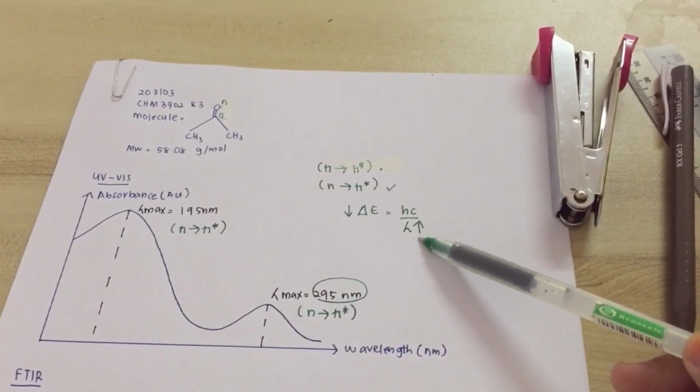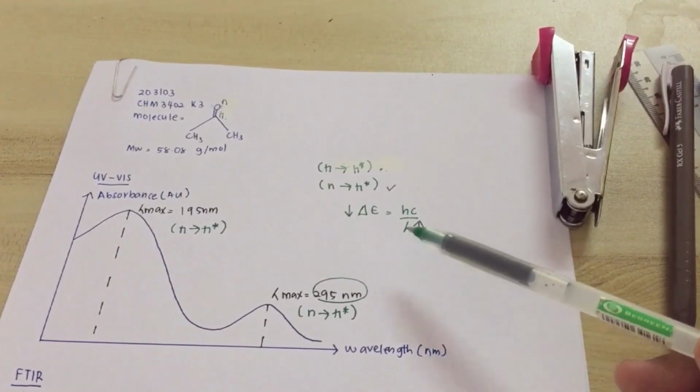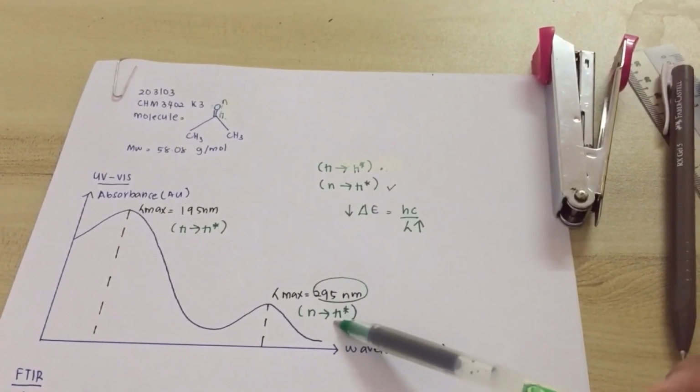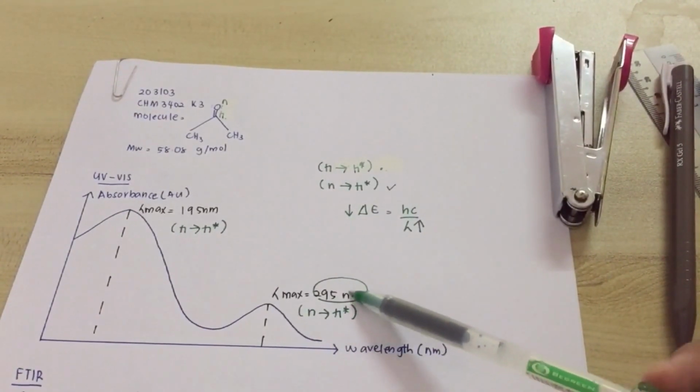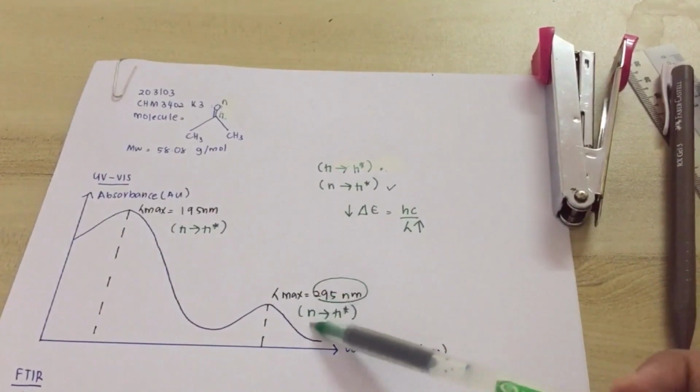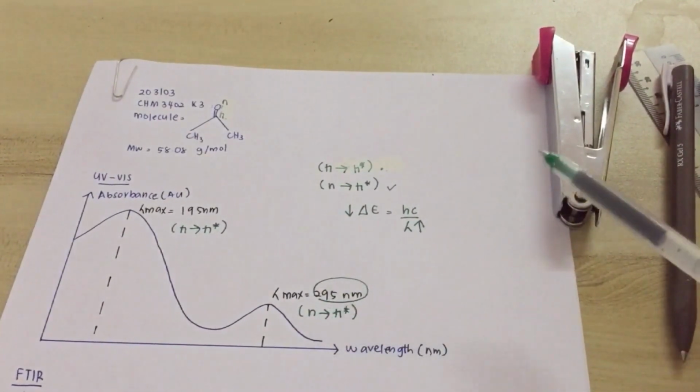From here we can conclude that the lambda max at 295 nanometers corresponds to the non-bonding to pi anti-bonding transition, because this transition requires less energy than the other one.